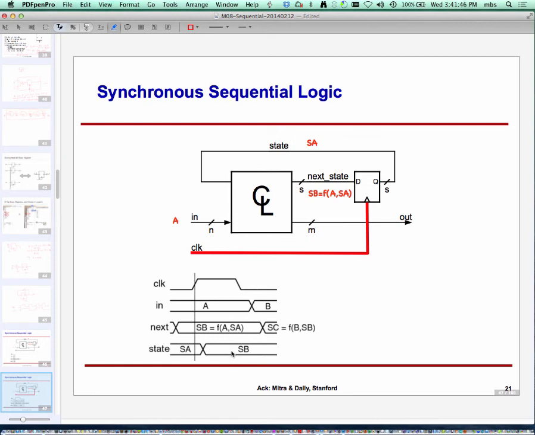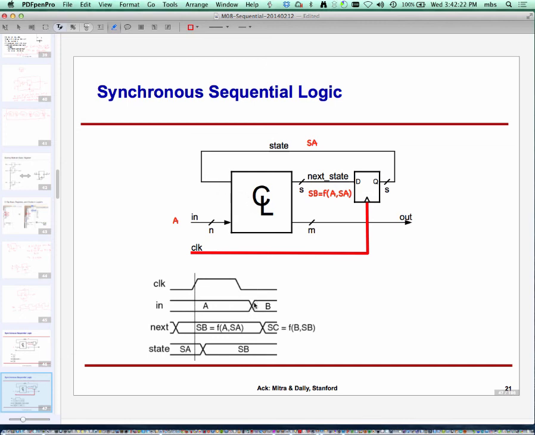Now this SB is stored in this register and is also visible out here. My input is still A. After some delay through this combinational logic, since the input is stable and nothing has changed there, but the state has changed, its effect will start floating through.